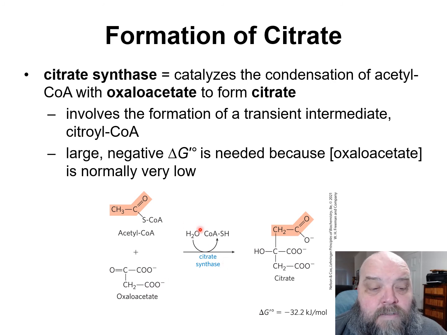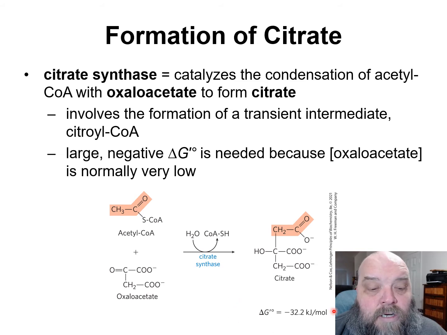Citrate synthase is going to do a hydrolysis reaction, breaking this bond, adding a hydrogen back, adding an oxygen, or a hydroxyl technically, right there to the carbon 1. And now you have 1, 2, 3, 4, 5, 6 carbon citrate.